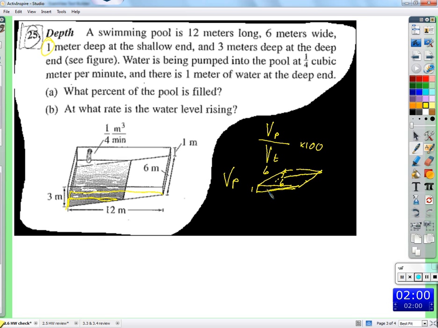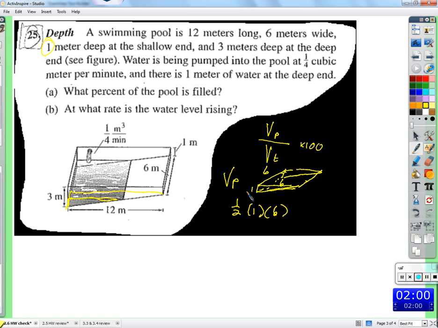It's a prism. How would I find the volume of such a prism shape? Area of the triangle times 6, right? Pretty basic. So you find the area of this triangle. The area of the triangle is 3, it's 1/2 base times height. Right? 1/2 times 1 times 6.